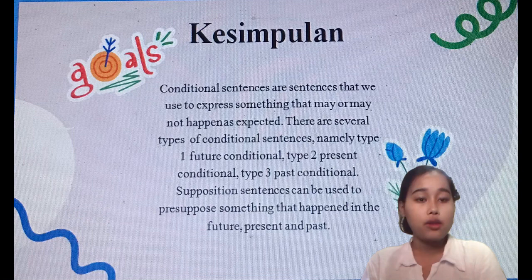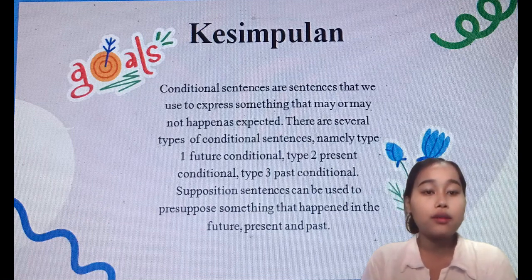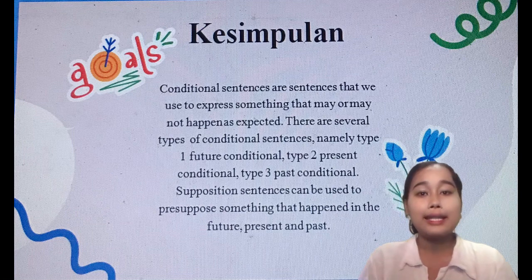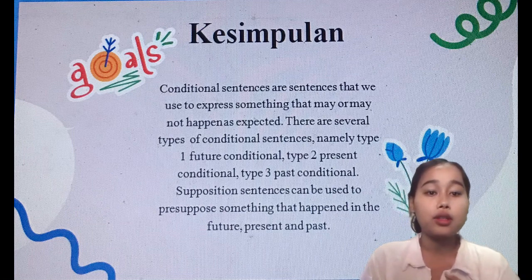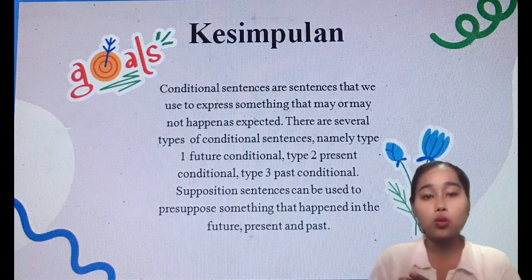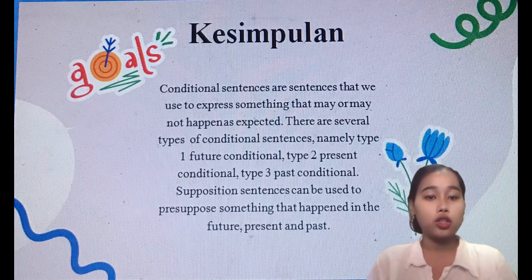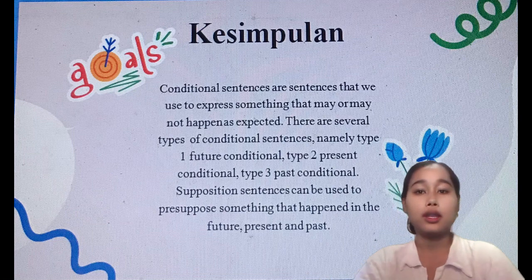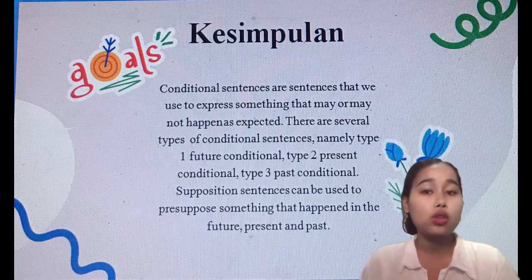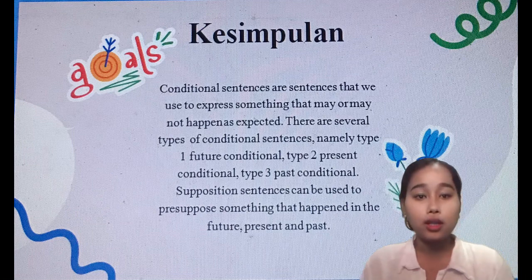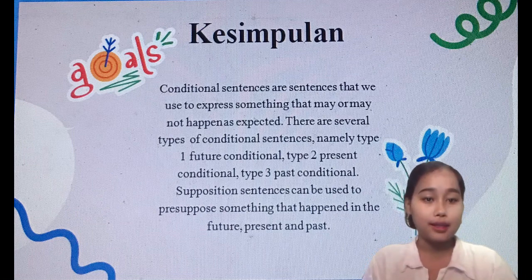So there are several types of conditional sentence: type 1 future conditional, type 2 present conditional, type 3 is past conditional. So the conditional sentence can be used to presuppose something that happened in the future, present, and past.